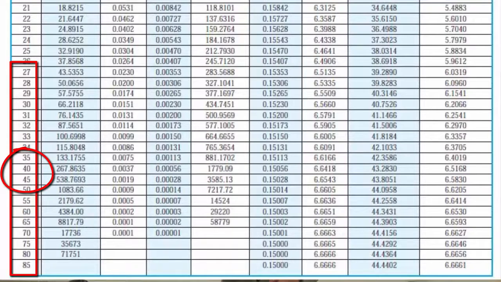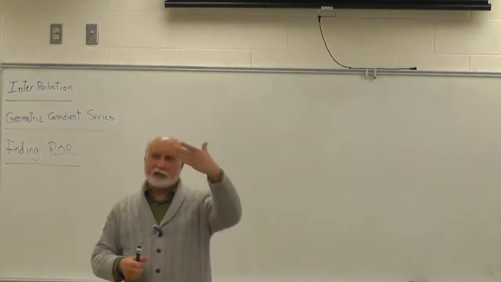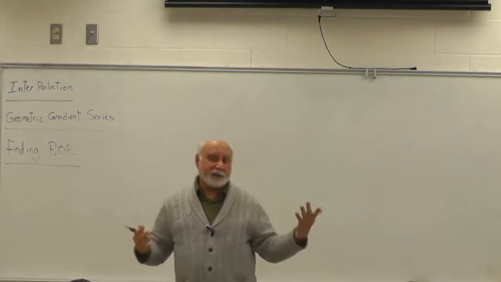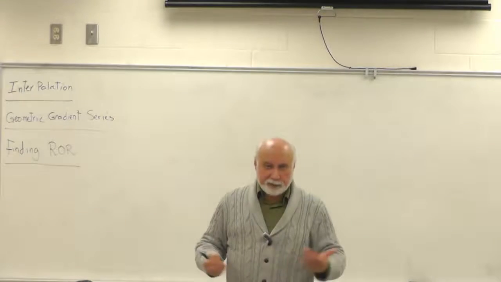On the other hand, there is no specific interest rate table for the numbers that are between these numbers. So you have a table for, let's say, 8%, you have one for 9%, but you don't have anything for 8.3%.